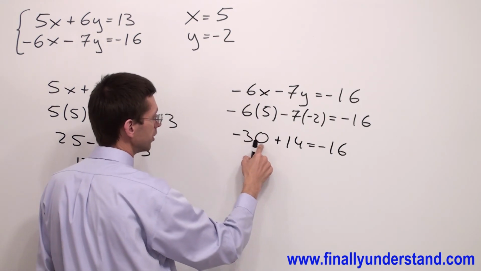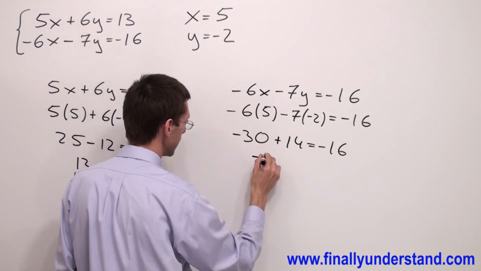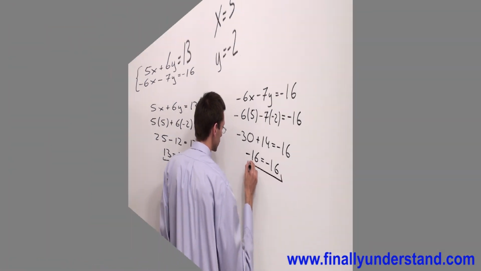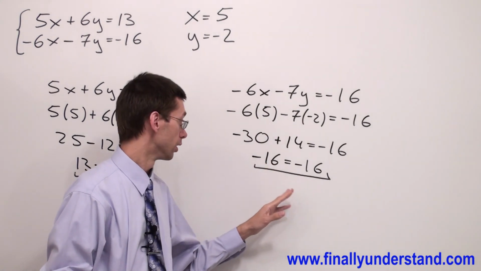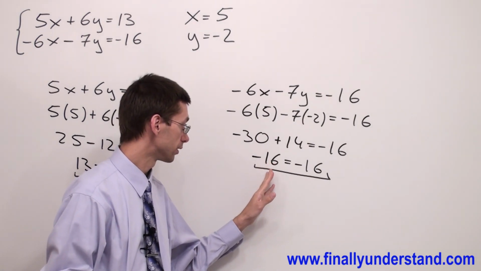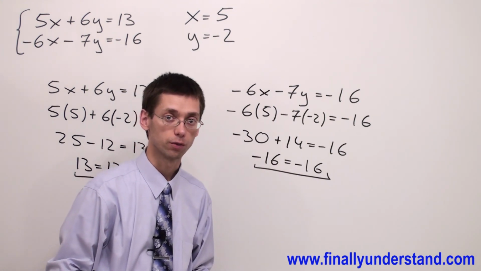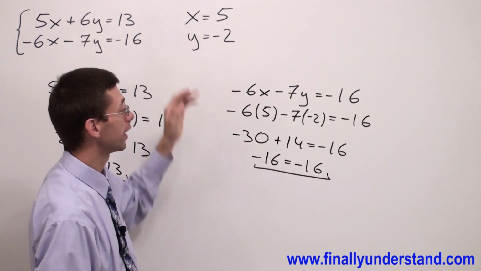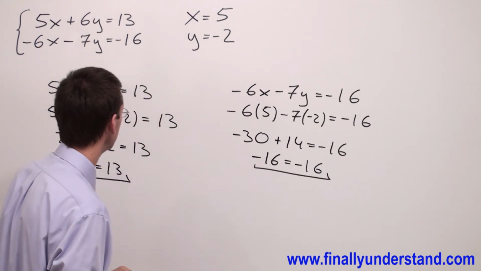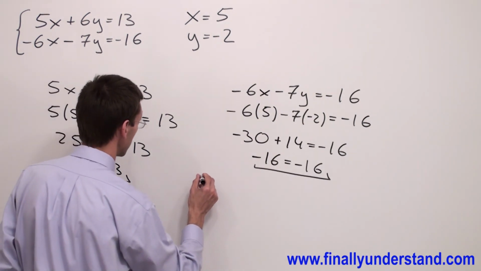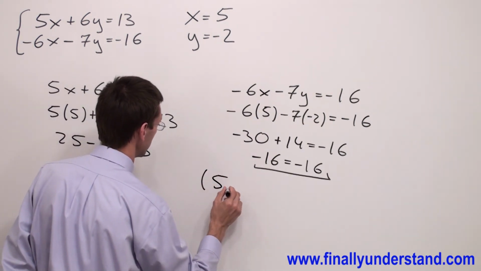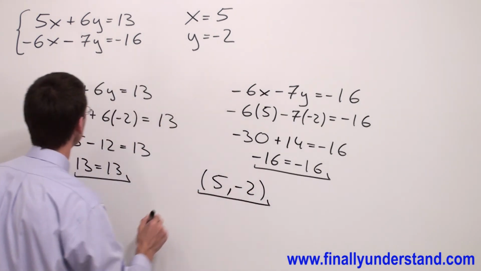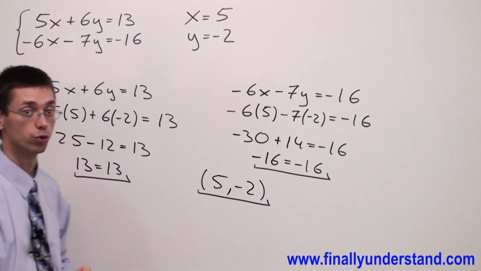Negative 30 plus 14 is equal to negative 16. Negative 16 is equal to negative 16. Please notice that for the second equation, the left side is equal to the right side also. So this is the proof that the values which I found for x and y are correct. So I can say that the ordered pair of 5 and negative 2 is the solution to this system of two linear equations.